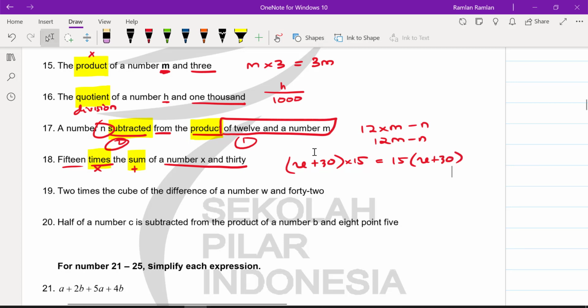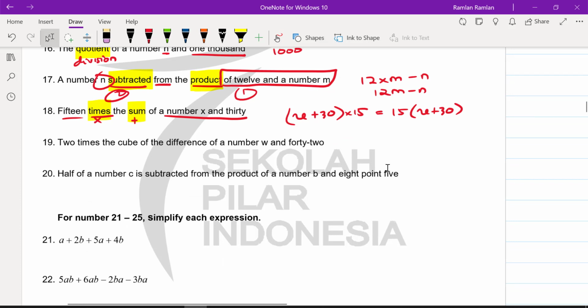Okay, number 19, 2 times the cube of the difference of a number w and 42. So the same thing. We have times, multiplication, cube, which is to the power of 3, and then the difference means you subtract, right? So a number w and 42, you take the difference, which is subtraction. That'll be w minus 42, right? And then the cube means that it's going to be to the power of 3.